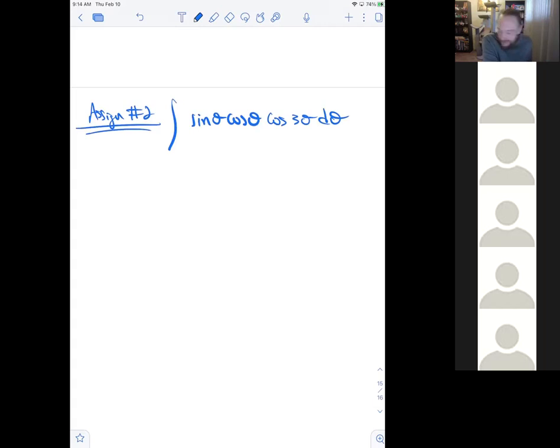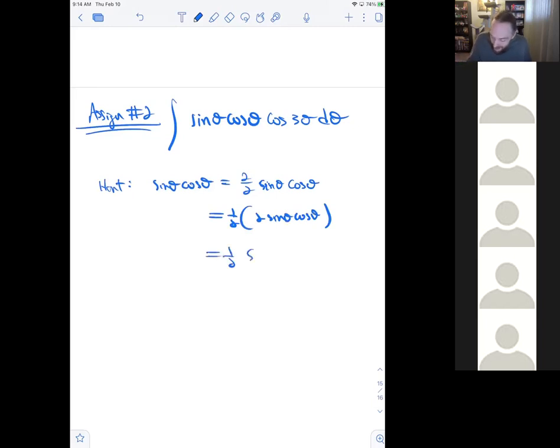But first of all, the first hint is sine theta cos theta is equal to 2 over 2 sine theta cos theta, which is 1/2 of 2 sine theta cos theta. You see, now that's a trig identity. That's 1/2 sine 2 theta.